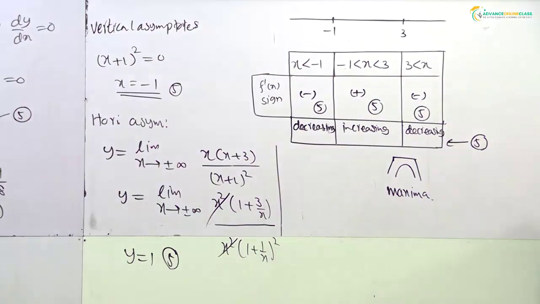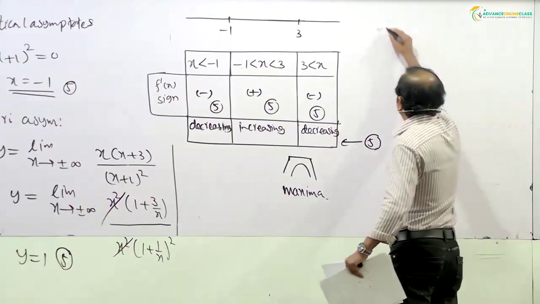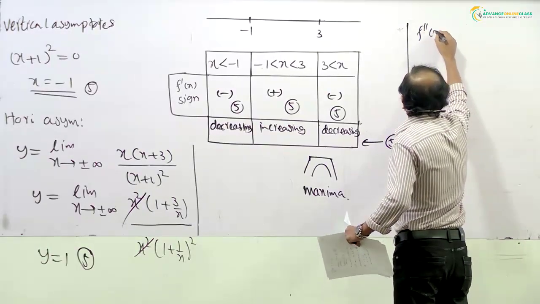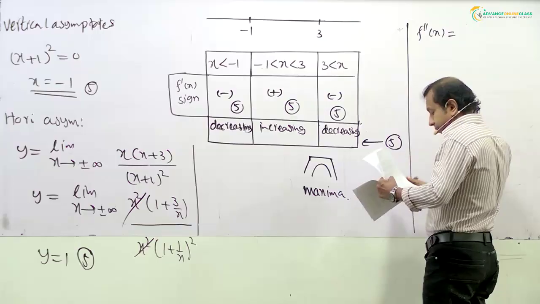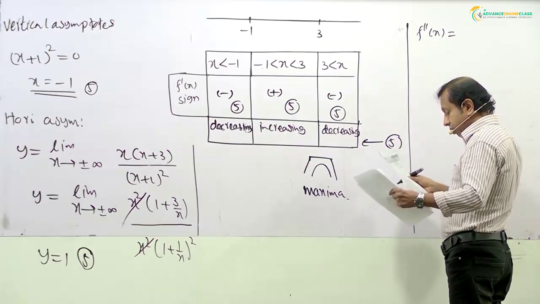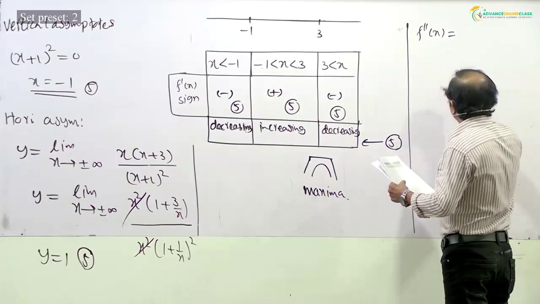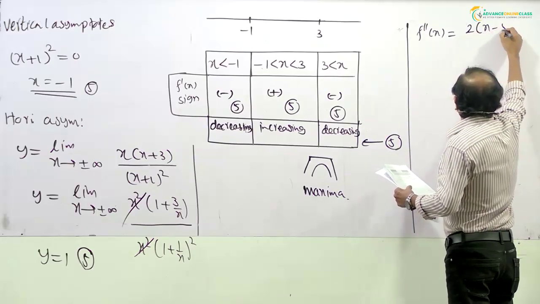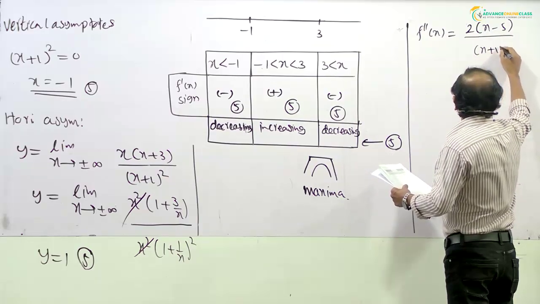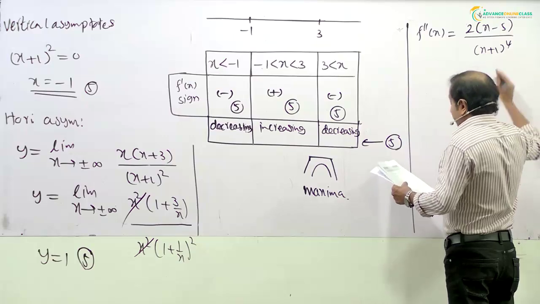Second derivative given. Point of inflection coordinates asking, right? We are given f double dash x is 2 times x minus 5 divided by x plus 1 power 4. Okay, right.